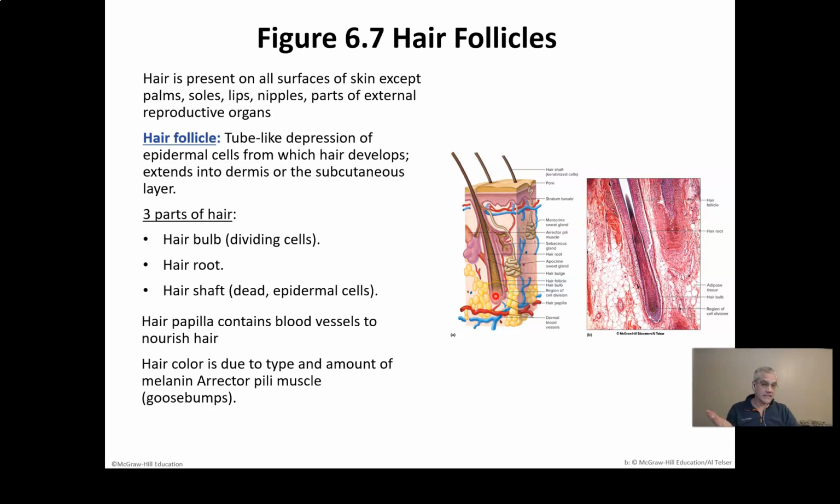So hair, like nails, is actively dividing at the hair bulb, and then it pushes the rest of the shaft out. So older hair is out here, and younger hair is back down at the bottom of the hair follicle at the bulb. The hair shaft is made of obviously dead epidermal cells.